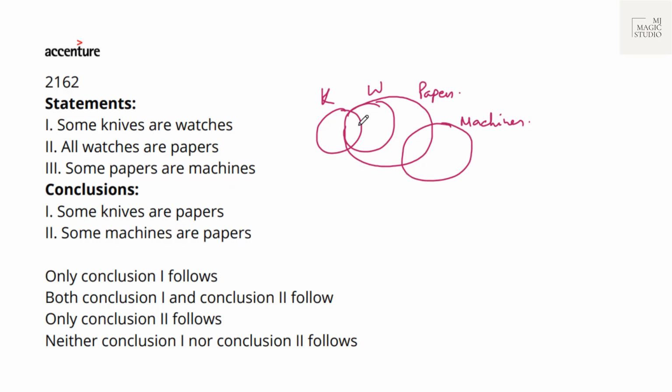One set we can have. Some knives are papers. Here it's following in this, and it will follow in any Venn diagram. Some machines are papers. It says that some papers are machines. That means some machines are papers. It also follows. Both conclusion 1 and conclusion 2 follow whatever type of Venn diagram you produce. Mark option B, and let's move on.